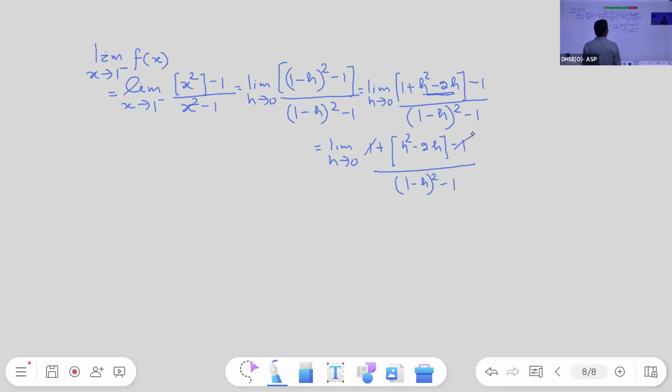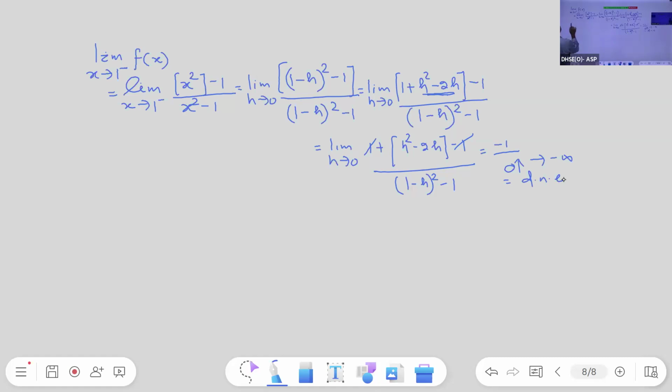When h is approaching 0 from the positive side, h is a very small positive number, h square is less than 2h, so h square minus 2h is a negative quantity which lies in the interval -1 to 0. Its greatest integral value will be -1, and the denominator approaches 0. Total value approaches negative infinity, so the limit of the function doesn't exist. Okay, I hope it is clear to you.